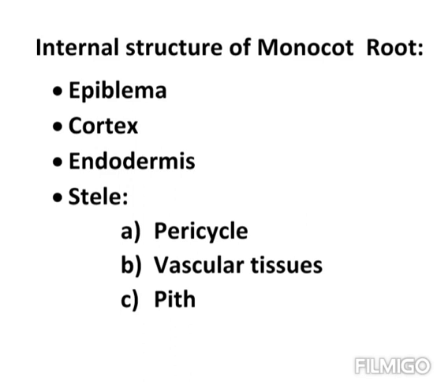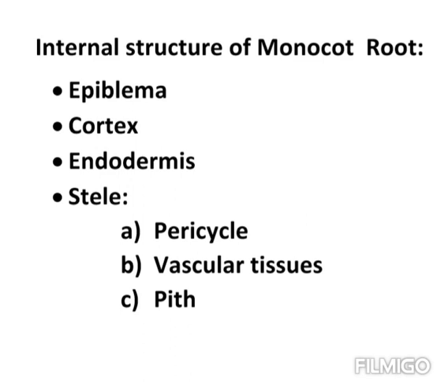Radial and exarch. Next, xylem is polyarch. What is the meaning of poly? It means many. Previously we learned tetrarch, that is four xylem arrangements.